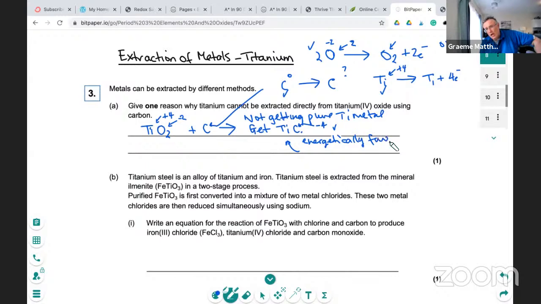So don't know, have you done Hess's law diagrams yet? I don't know if you have. We'll have to do Hess's law diagrams, but bottom line is that energetically, titanium and carbon are going to combine to give you titanium carbide. Okay, so this is the reason why straight off the bat you can't have titanium being reduced down to titanium metal.